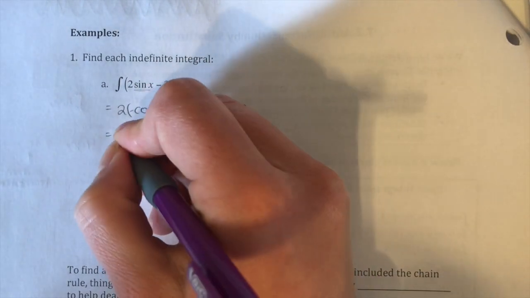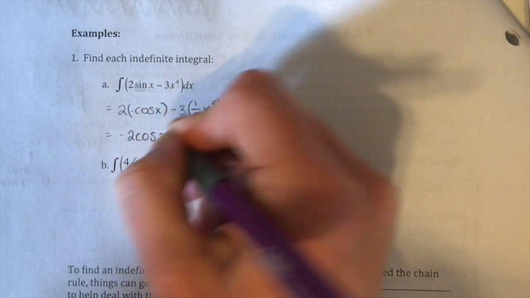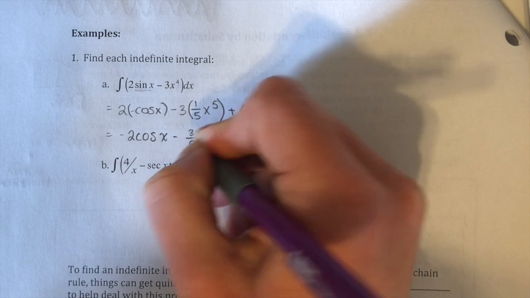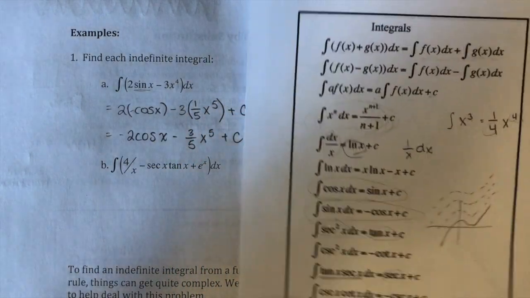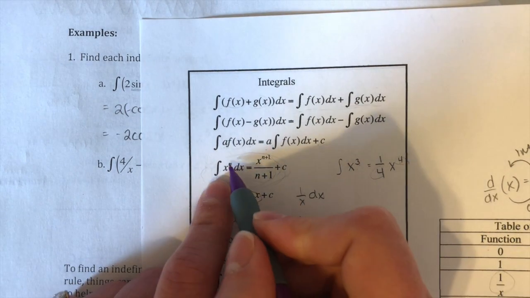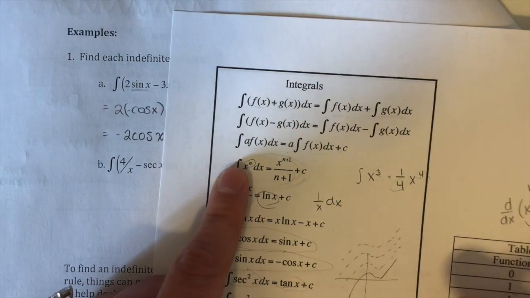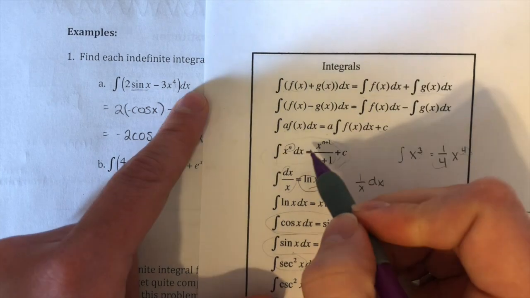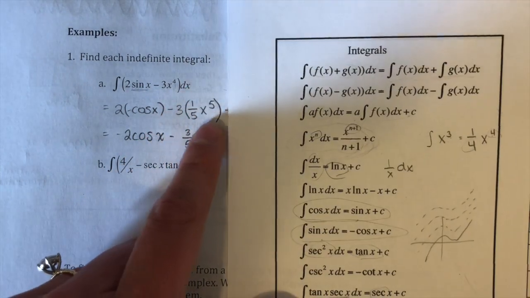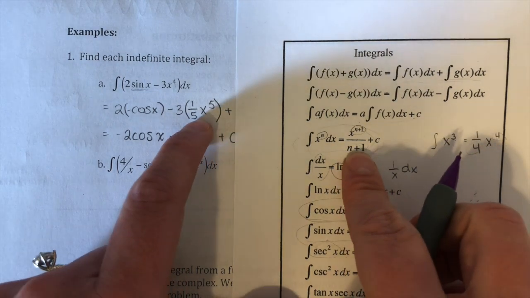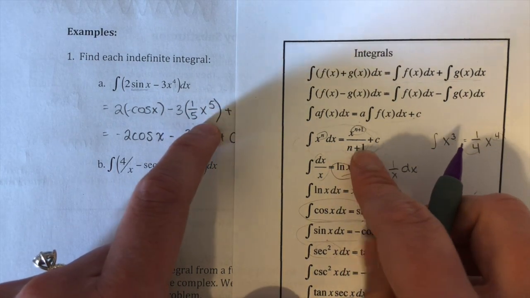So if we simplify, this is going to be negative 2 cos of x minus 3/5 x to the 5th plus c. That x to the n, in this case n was 4, is going to be x to the n plus 1, so that's how we got the 5 over 5. So that's how we get that part.